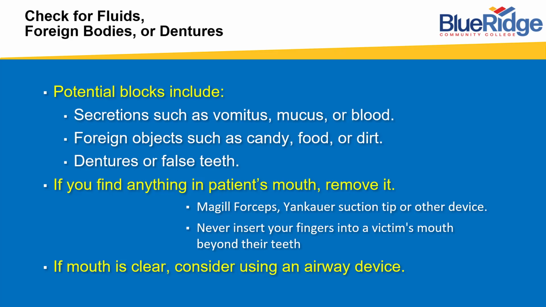Tools such as McGill forceps, Yankauer suction tips, or a wooden tongue depressor, as opposed to your fingers. Using your fingers causes a high potential for injury to yourself, finger entrapment, and in some extreme cases, finger amputation. If the patient's mouth is clear, consider using one of the airway adjuncts described later in this chapter.